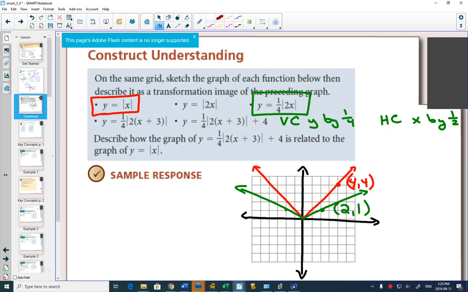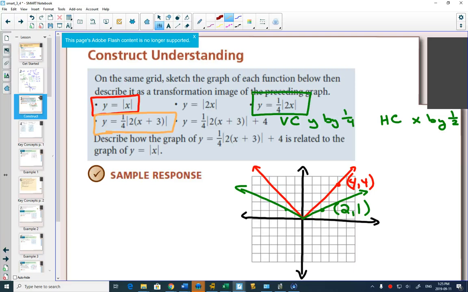Now, as I switch to this one, can you see that that is the same thing as the green graph, except now we have x plus 3 inside instead of just an x?